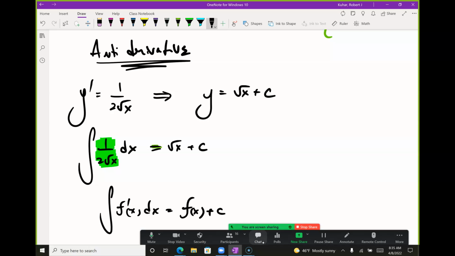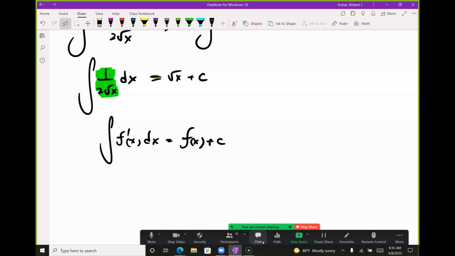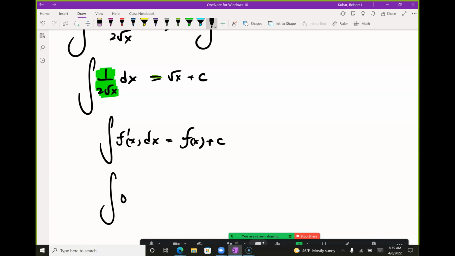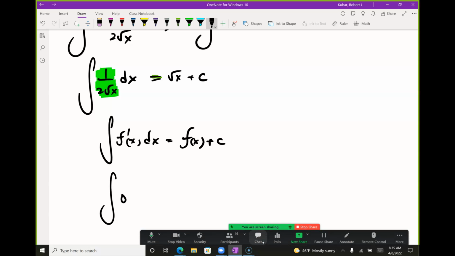If I have a power rule, if I have a sine or a cosine, we did a bunch of these. Am I right? Yes. Well, if you took the antiderivative of 0, you get just a number. Yeah, exactly. The integral of 0 dx is c. Just a constant. Could be anything. Yep.